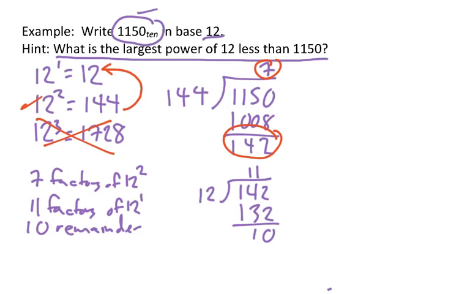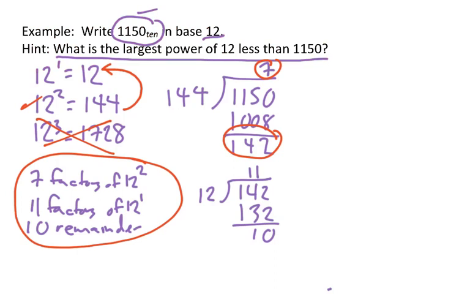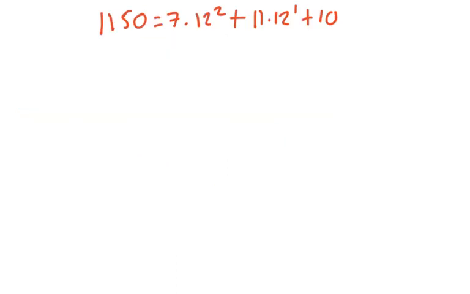This work here will lead us to expanded form. It will tell us that the number 1150 is 7 times 12 squared plus 11 times 12 to the 1 plus 10 left over. Let me look back so you can see that there. 7 factors of 12 squared, 11 factors of 12 to the 1, 10 as a remainder. That's this number.